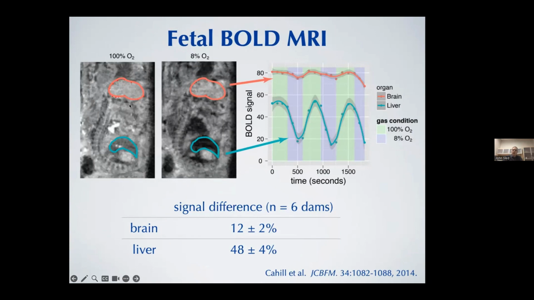It's the overall oxygen saturation in the organ that we're interested in. So you can see from this graph on the right that the fluctuations in BOLD signal associated with this challenge produce relatively modest fluctuations in the brain and very large pronounced fluctuations in the liver. And this was true across a series of animals that we examined.